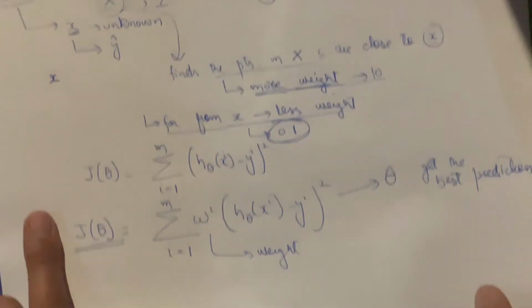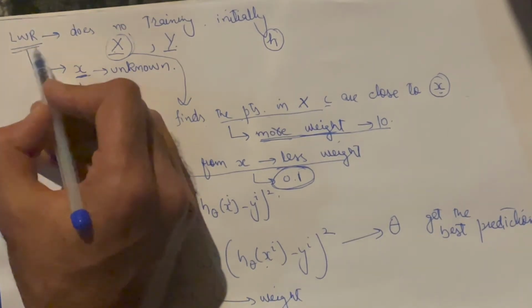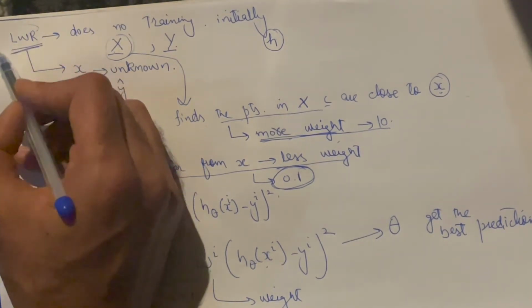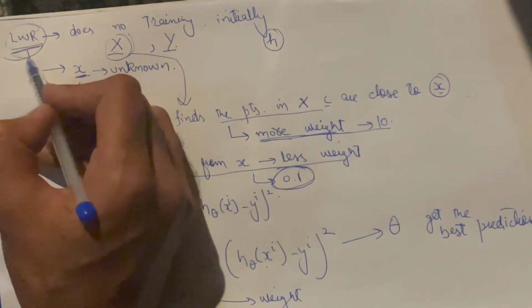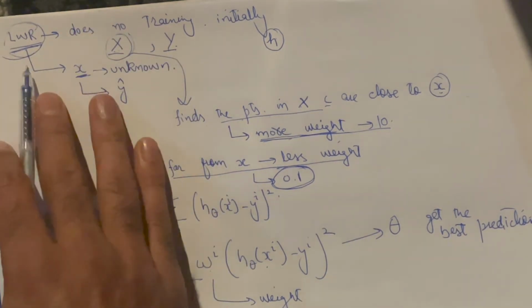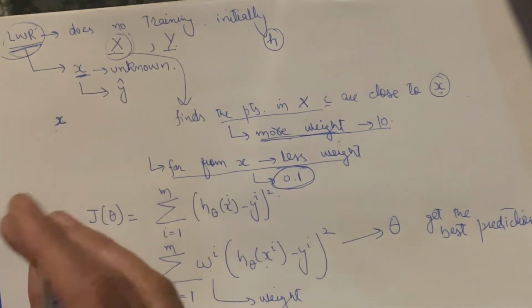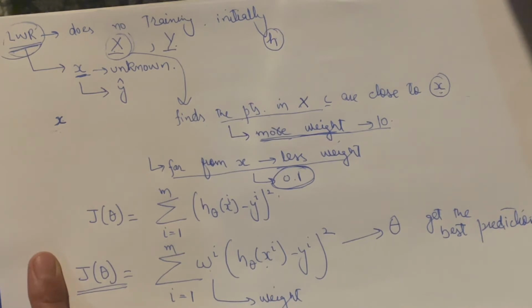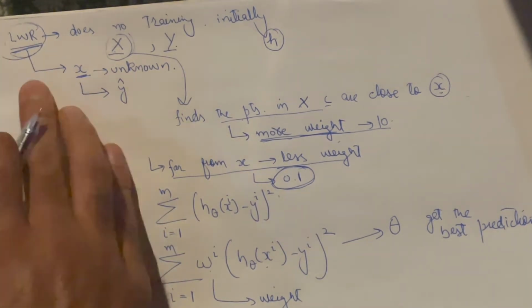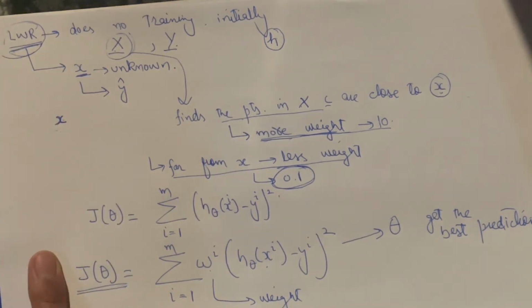So this was one version of linear regression that is very less sensitive to the choice of features, or we can say it makes itself independent of the choice of features.